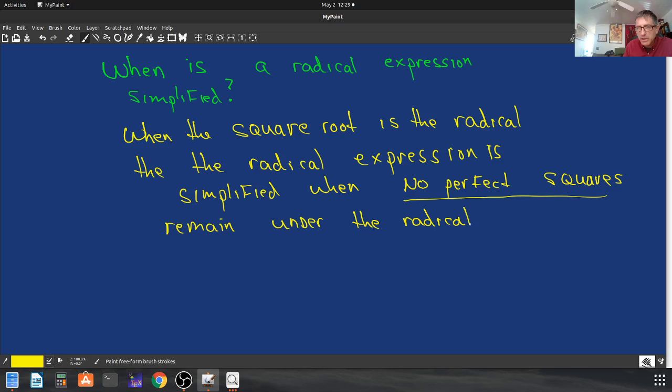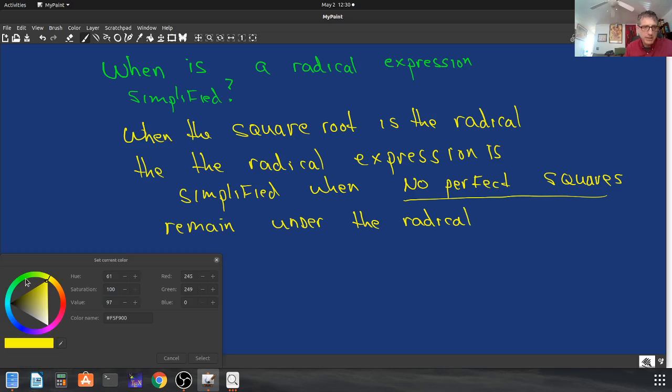So we're going to be using the product rule an awful lot. And what is a perfect square? That's another term.